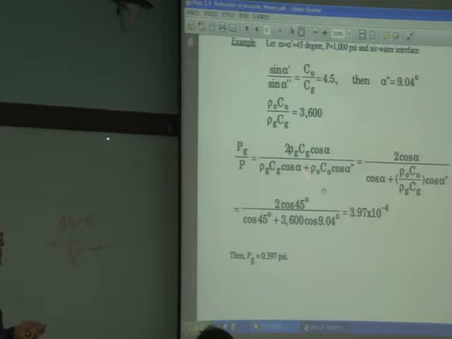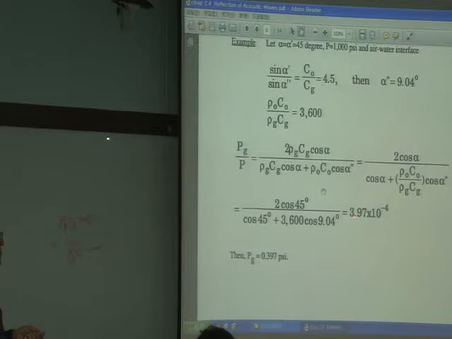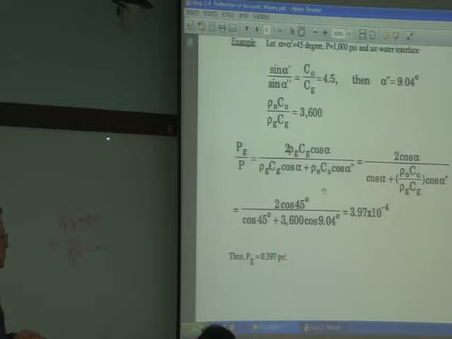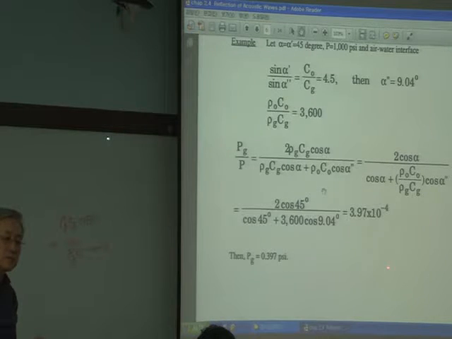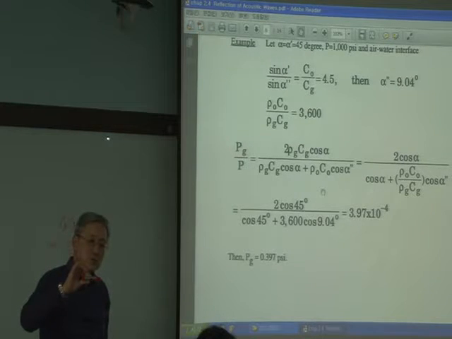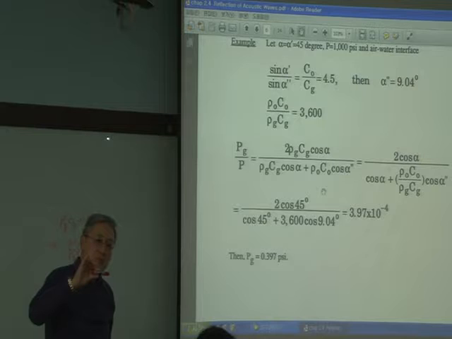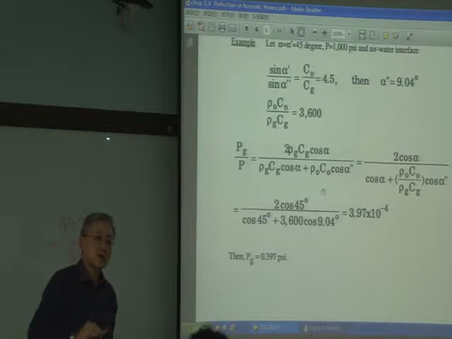Very small, which means PG is equal to that constant value multiplied by P, which is 0.4 psi. PG is 0.4 psi. What's PG? PG is the shock wave pressure transmitted from water to the air media.